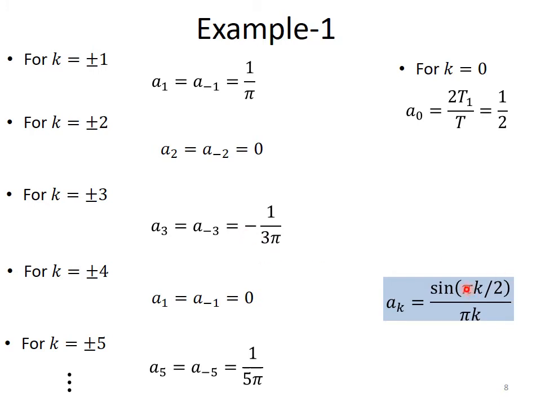Similarly, for k equal to minus 3, you get sine of minus 3 pi by 2, which is 1, divided by minus 3 pi. So for k equal to plus minus 3, you get minus 1 upon 3 pi. Similarly, for plus minus 4 you get 0, for plus minus 5 you get 1 upon 5 pi, plus minus 6 would be 0 again, and for plus minus 7 you get 1 upon 7 pi.